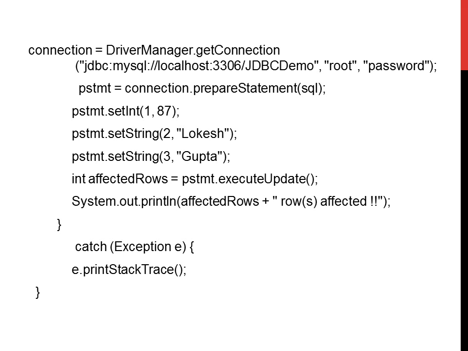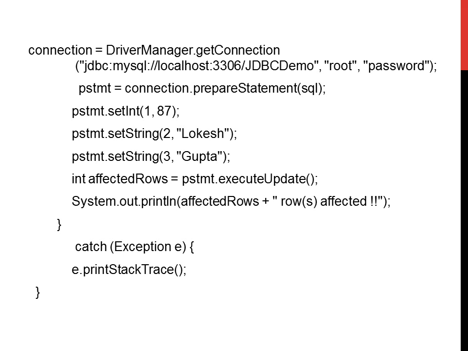So you have to set these values. The first value is integer type, so use setInt. Our value is 87. Next setString, first name is Logesh, and for the third setString the last name is Gupta. And you give pstmt.executeUpdate, it will execute this SQL statement. What is the SQL statement?